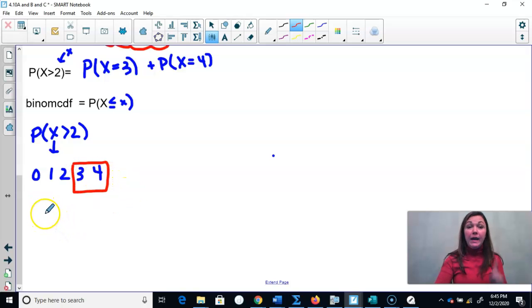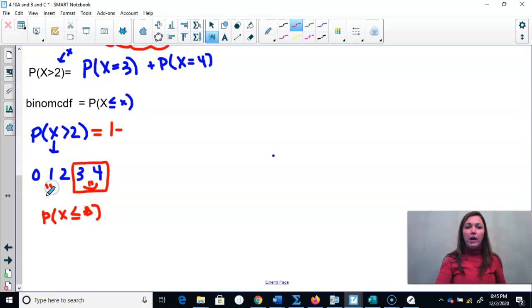But my calculator will only work for the probability that x is less than or equal to a number. So I'm going to use the complement rule. I'm going to say the probability that x is greater than 2 is 1 minus what we don't want. We want 3 and 4.